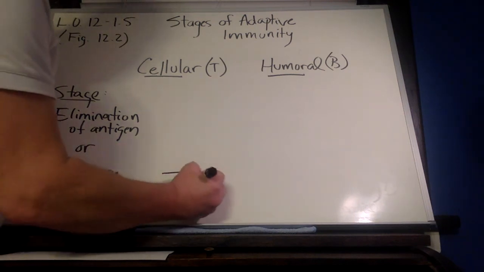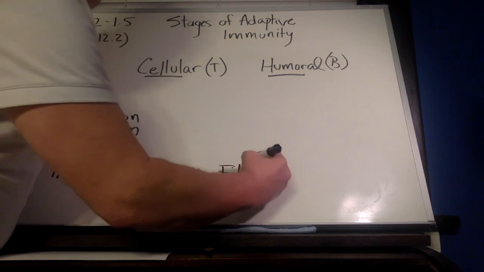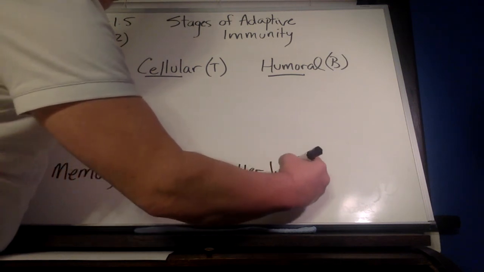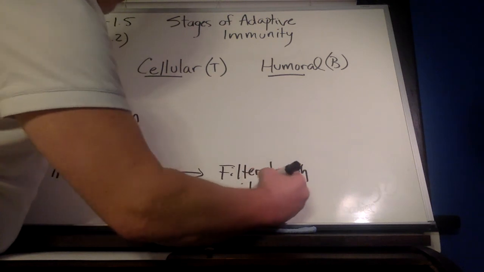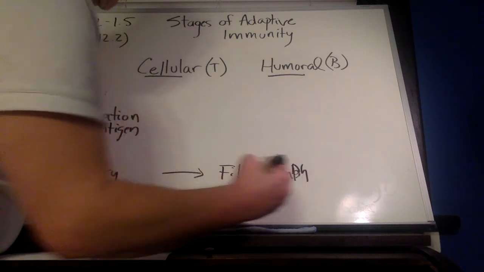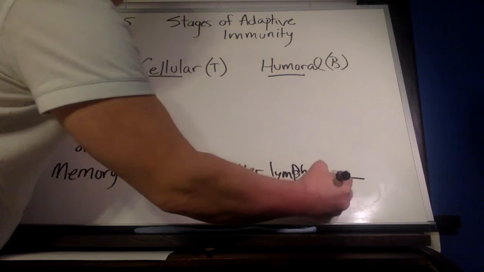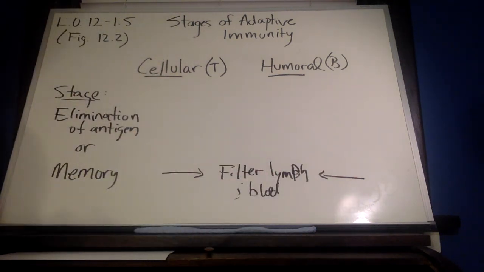Remember the role of the memory cells. These are what are going to be helping us to filter the lymph and the blood in the spleen and in our lymph nodes. The effector cells, those are the ones that actually go to the site and actually will fight the infection.